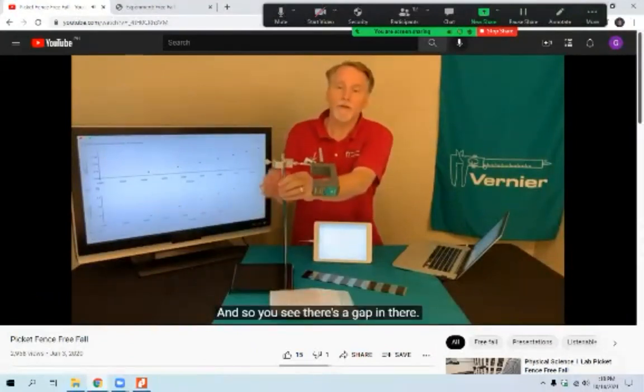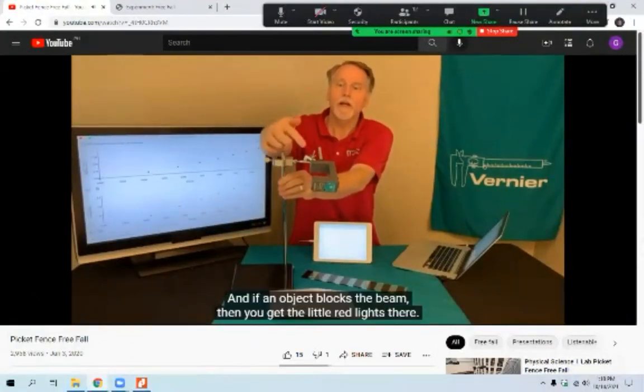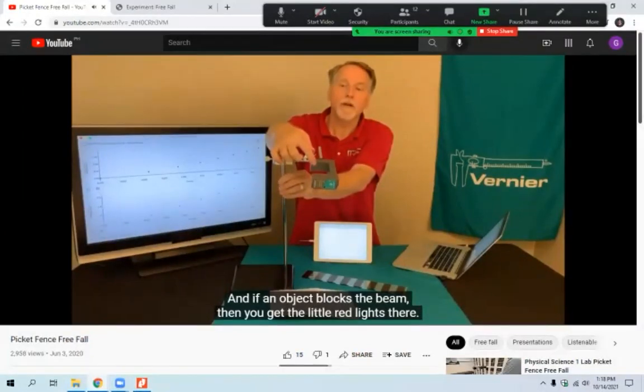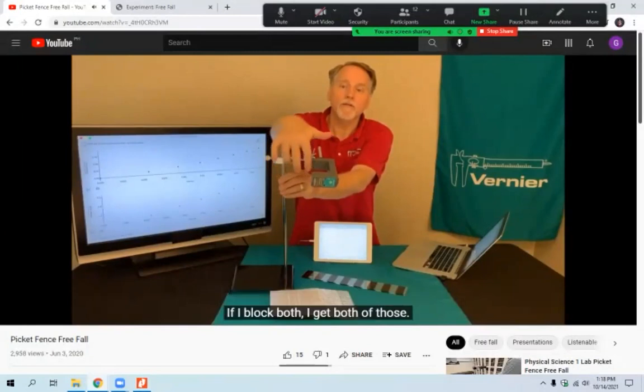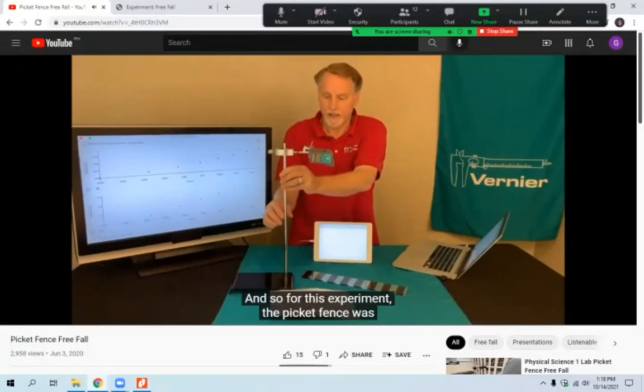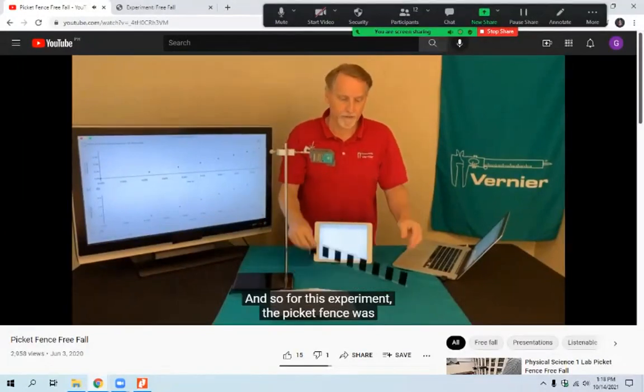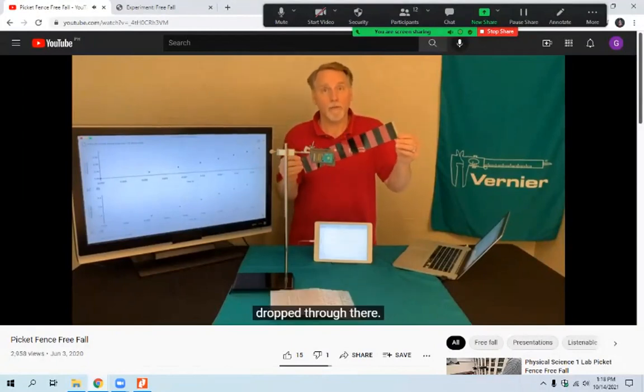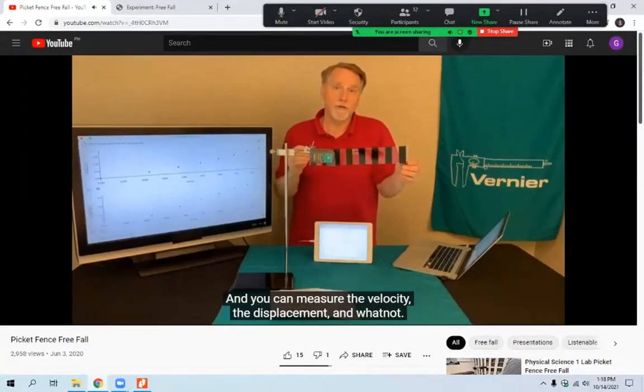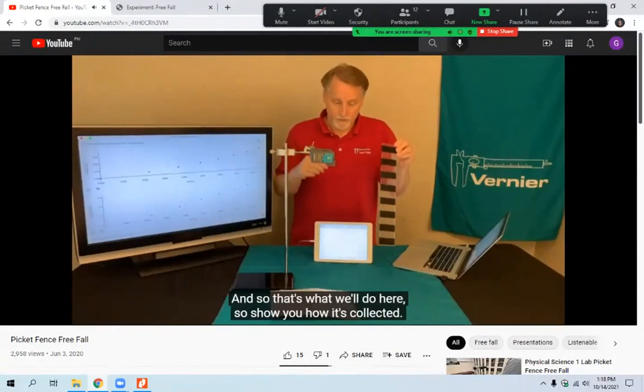Tilt this down a little bit, and so you see there's a gap in there. And if an object blocks the beam, then you get the little red lights there. If I block both, I get both of those. And so for this experiment, the picket fence was dropped through there, and you can measure the velocity, the displacement, and whatnot. And so that's what we'll do here.